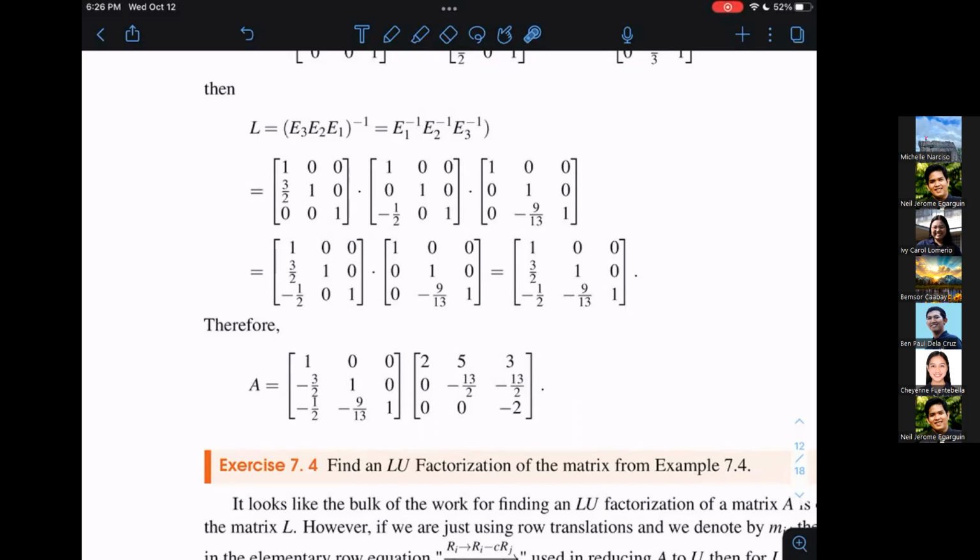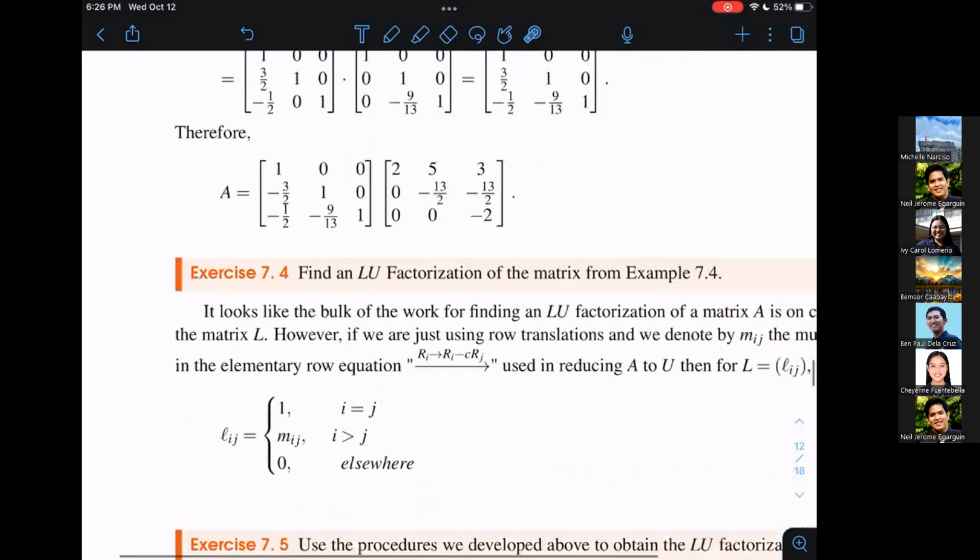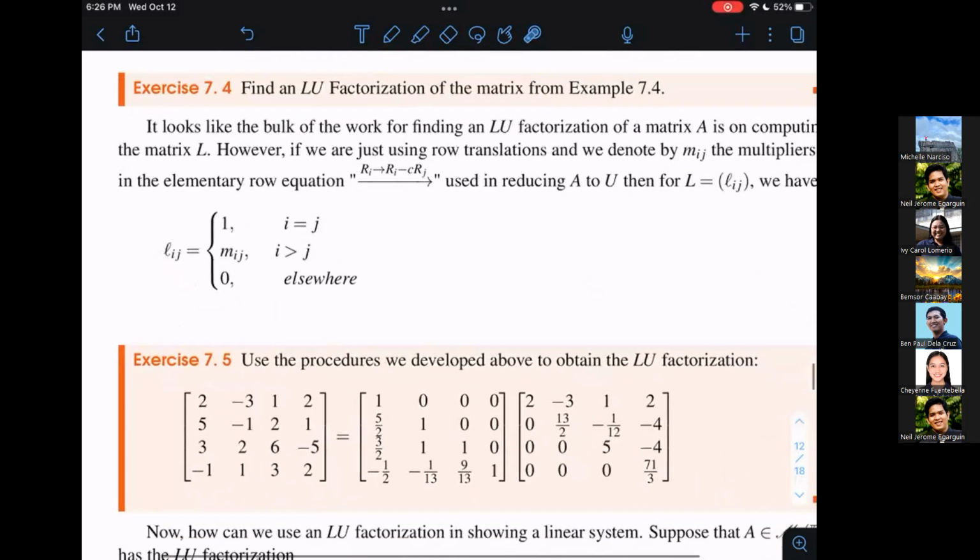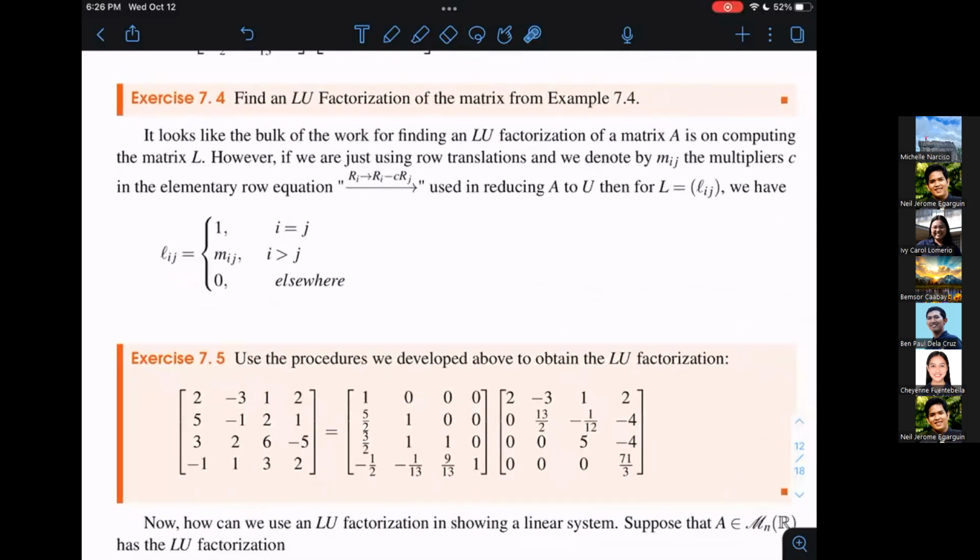So it seems to be a handful of careful steps para makuha si matrix L. Pero meron tayong pwedeng magawang shortcut. Okay? Now, this shortcut gives me ano yung itsura ni matrix L without doing the inversion and multiplication of the elementary matrices.